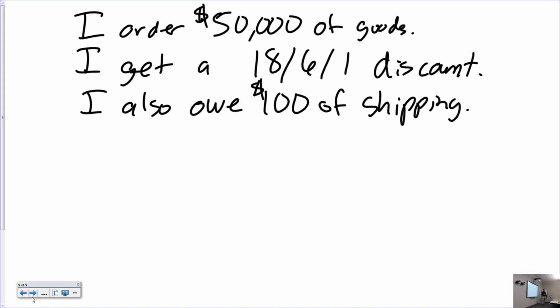And let's suppose that I also owe $100 of shipping. Okay? So I'll throw some shipping in there just so that you remember to not forget. Sounds like I'm saying the same thing twice, but okay. Now I have given you two new pieces of information that you now know how to calculate. I may now ask for them, right?